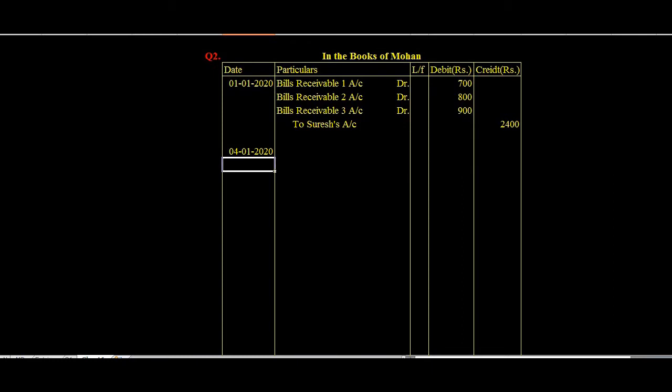It's on 4th. Now what is happening? A bill is endorsed to Ramesh. So we know that Ramesh's account will have to be debited. But against this, we are issuing him a bill. That is our bills receivable 1 account, and we are getting a discount.